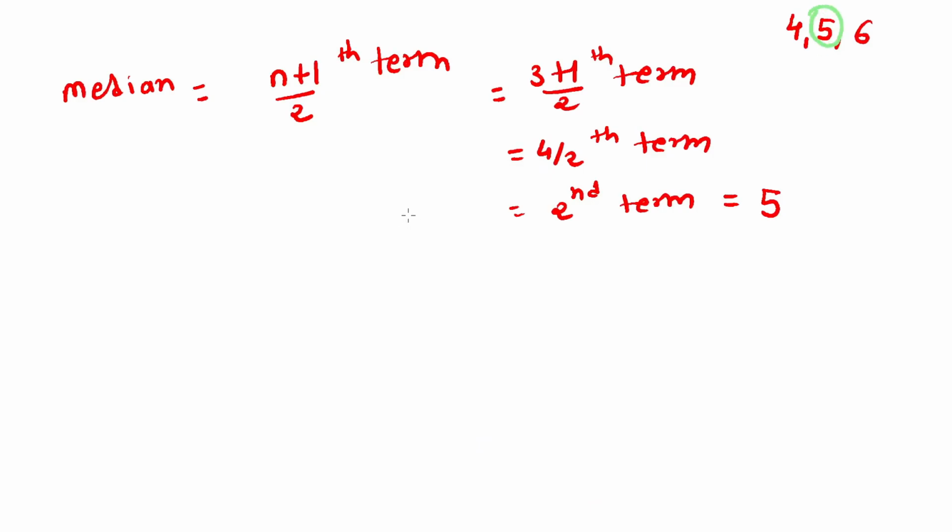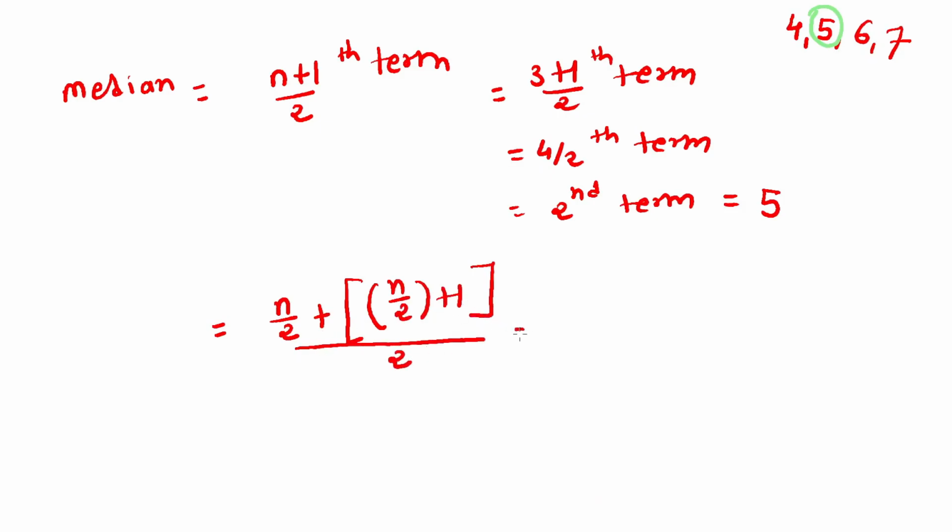Now let's say I have one more value, 7. In that case, the formula becomes the average of the (n by 2)-th term and the (n by 2 plus 1)-th term. The total count is 4, so there are 4 values.